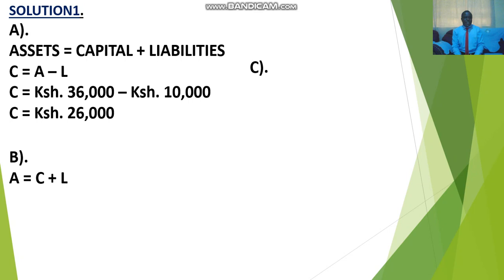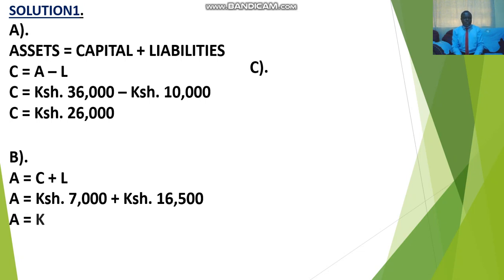In scenario B, we shall require to look for assets. Assets equals capital plus liabilities. Assets equals 7,000 plus 16,500. So total assets equals 23,500 shillings. In scenario C, we require to find liabilities.